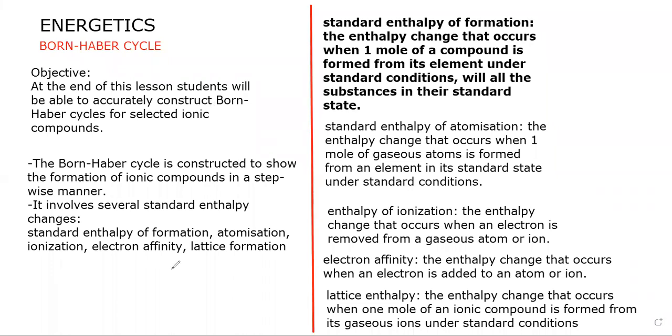All right, so to start the process, let us quickly look back at what would happen in ionic bonding. In an ionic bond, you would have your metal. So for example, let us look at sodium chloride.